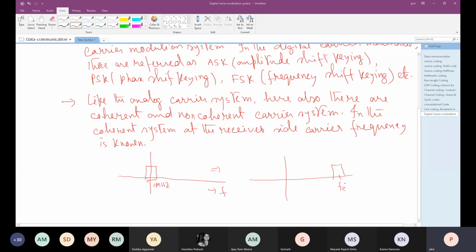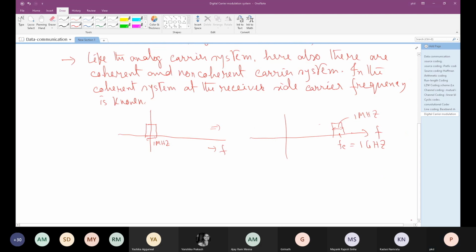If we shift this carrier, say Fc equal to 1 gigahertz, now there could be many such 1 megahertz bands that could be placed in the carrier band, and then all those signals can be multiplexed and transmitted together.